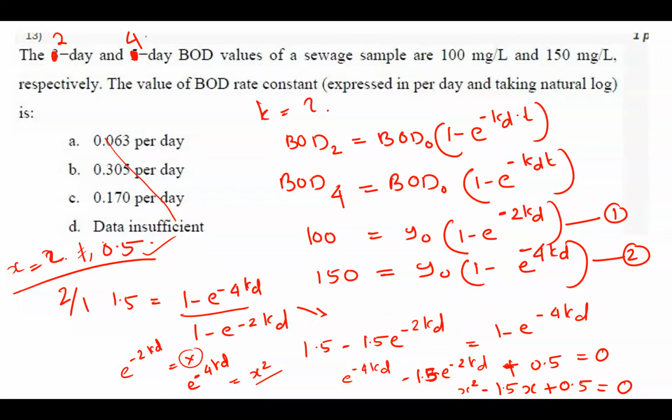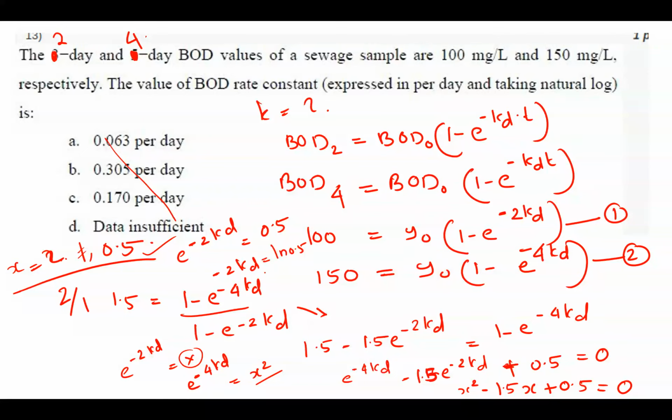So we assumed x is e raised to minus 2 kd, equal to 0.5. Now what do you do? Take logarithm on both sides. So now it is minus 2 kd equal to ln 0.5.